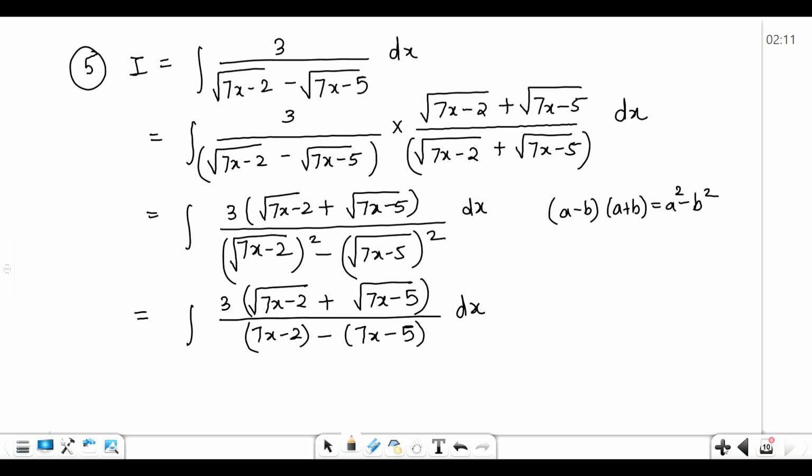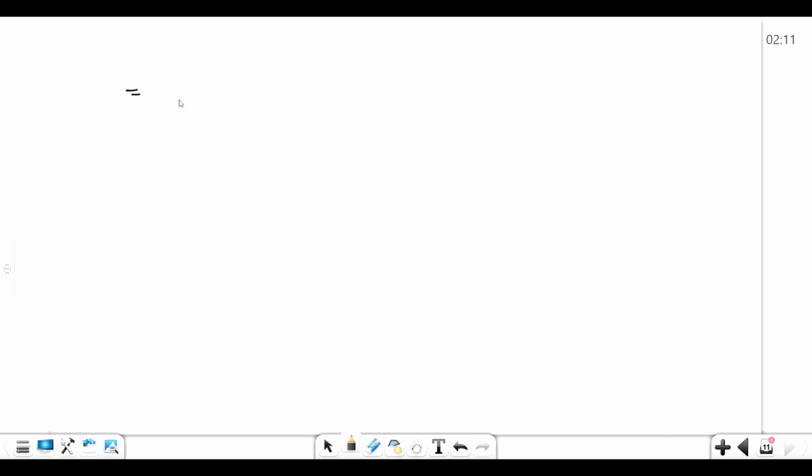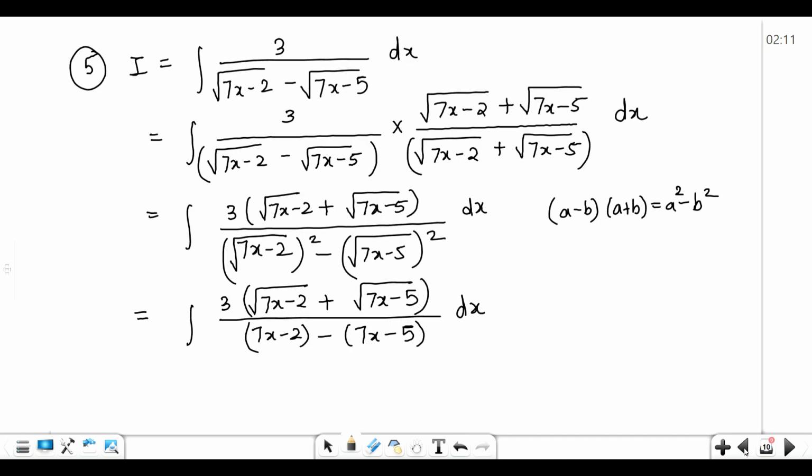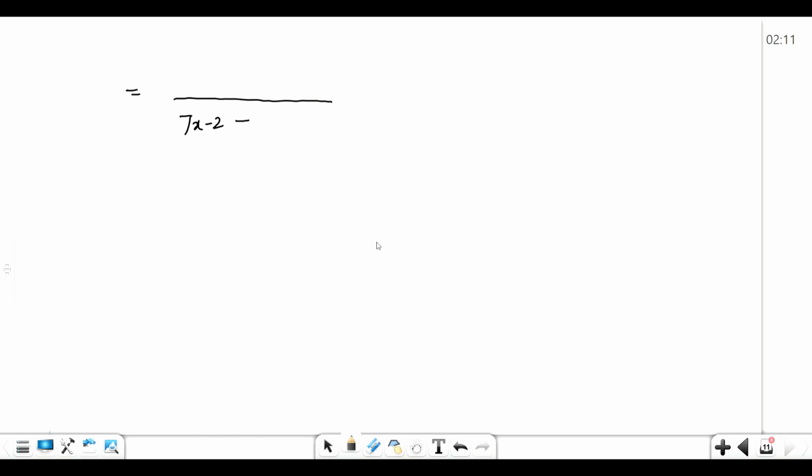So in the denominator we will open the bracket: 7x minus 2 minus, and that was (7x - 5), so minus 7x plus 5, and in the numerator we had square root of (7x - 2) plus square root of (7x - 5), dx and integration.